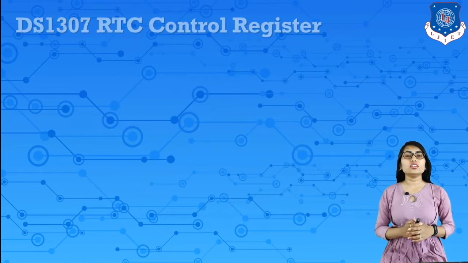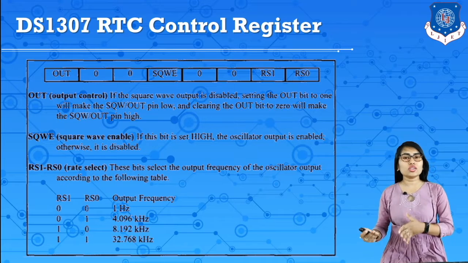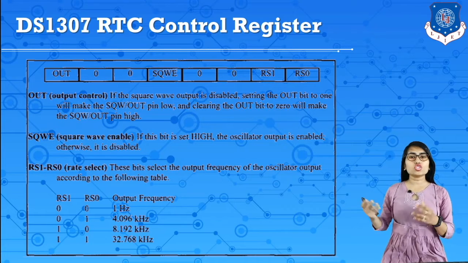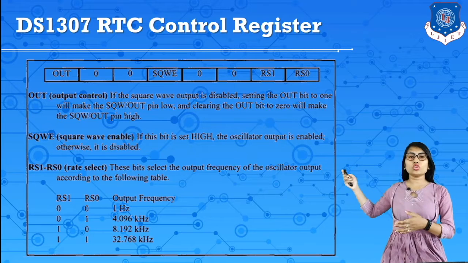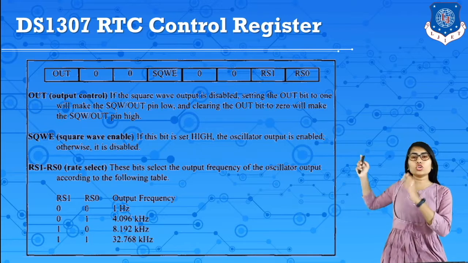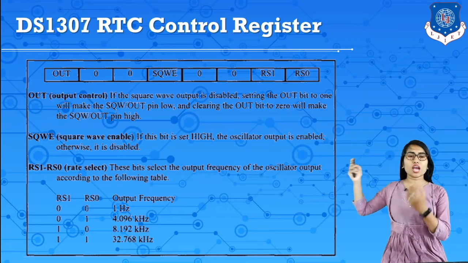Here this DS1307 RTC has one control register for controlling the bits. These bits are OUT, 0, 0, SQWE, 0, 0, RS1, RS0. OUT means output control.